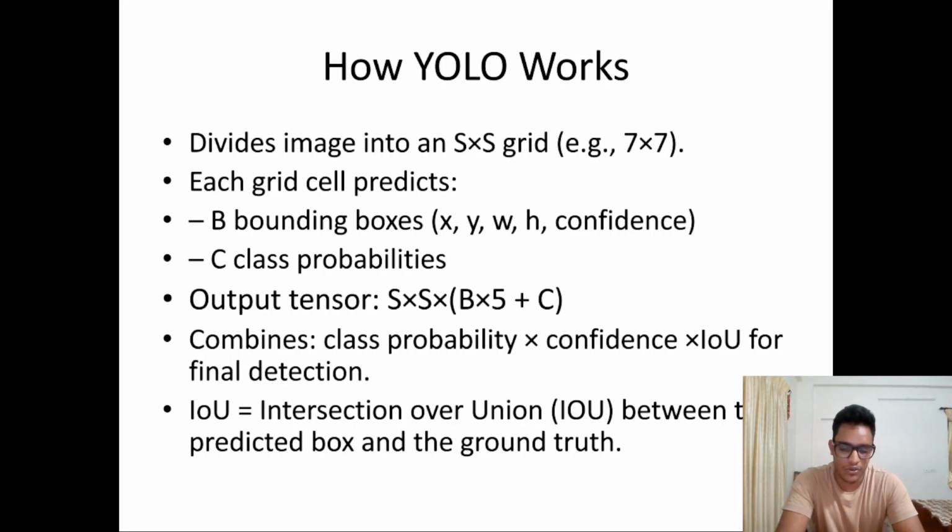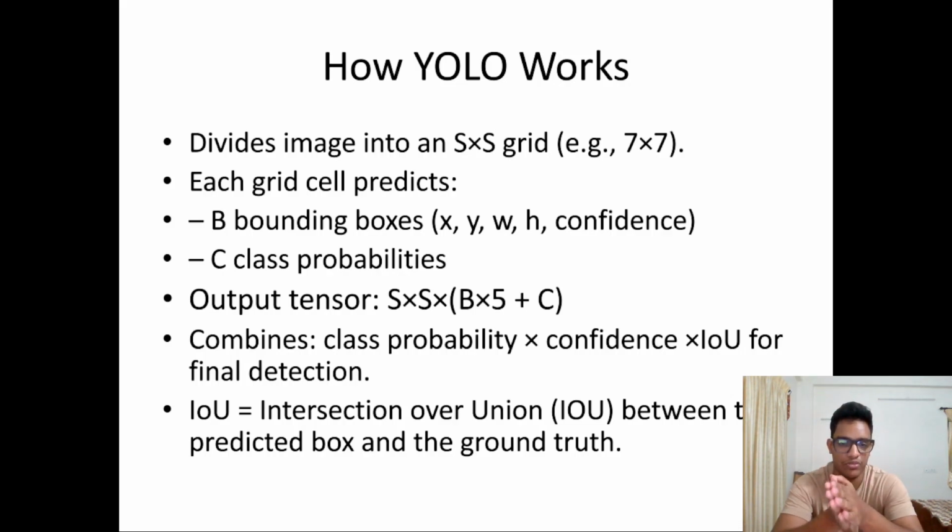Overall, we get a tensor of size S by S by B times 5 plus C. Five, because we are using 5 predictions: x, y, w, h, and confidence. It combines the overall output to produce class probability times confidence times IOU for the final detection.